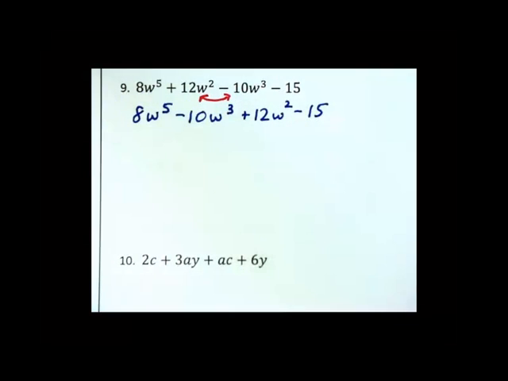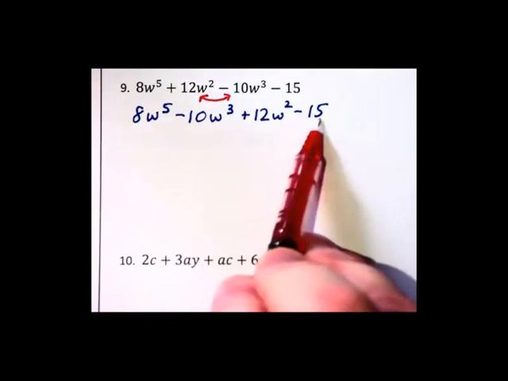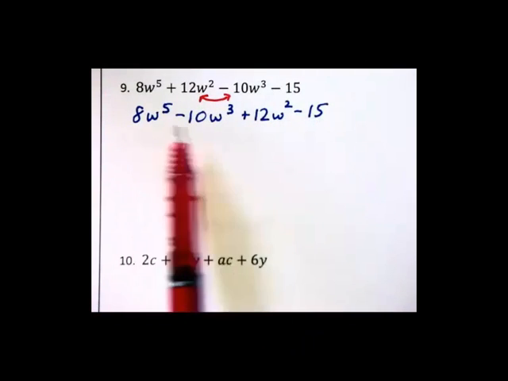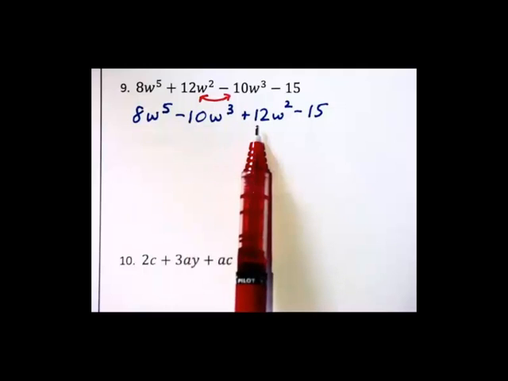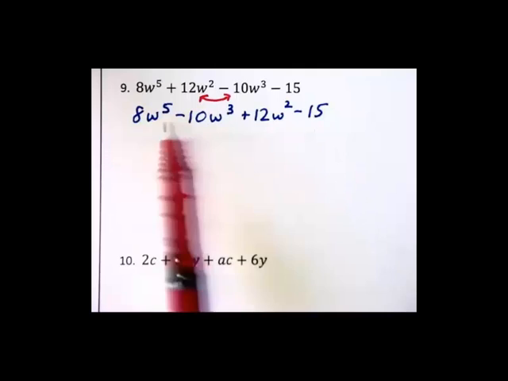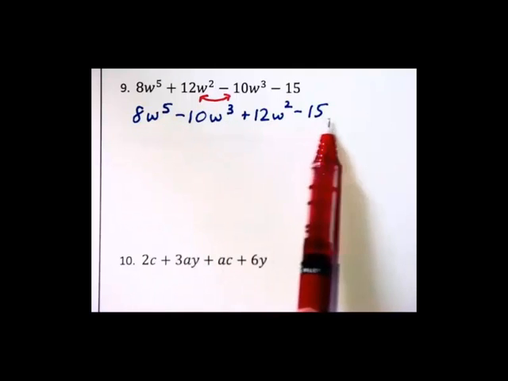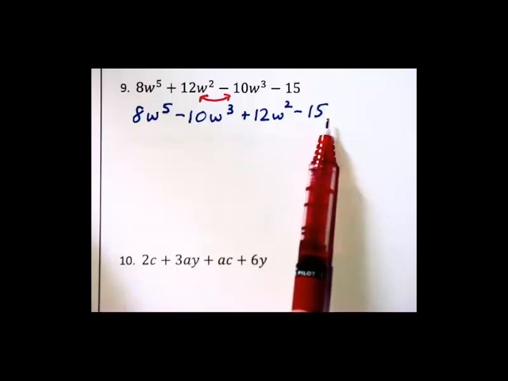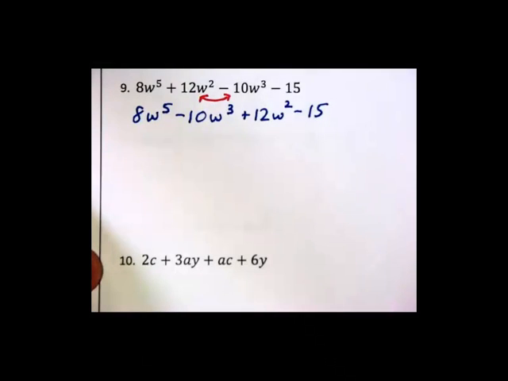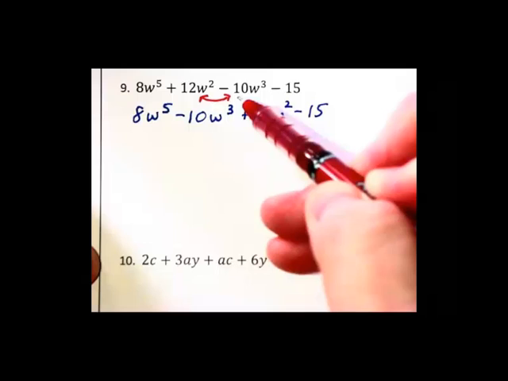Then I'm going to ask, is there a GCF that goes into all 4 terms? Notice how 8, 10, and 12 are all even and can be divided by 2, but the 15 is not divisible by 2. And the first 3 terms also have w's, but the last term does not contain a w, so nothing can be factored out. But I still want to ask, can I take out a GCF? Because that's the most important type of factoring that's commonly overlooked.